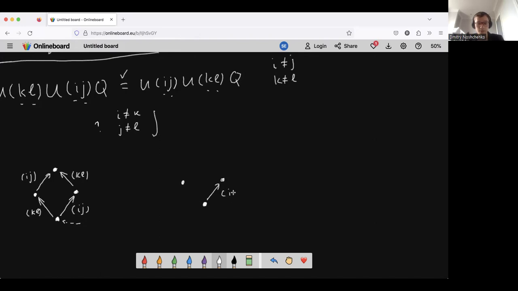Let's say we hit here by uij, and here we hit by jk. One can show that this diagram becomes a hexagon, and we have the following picture.